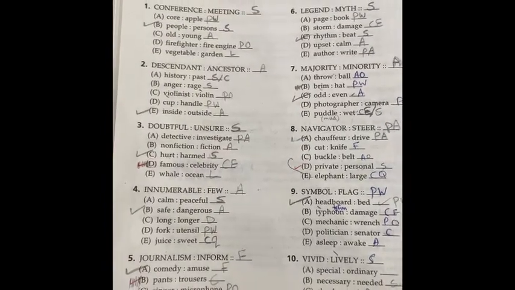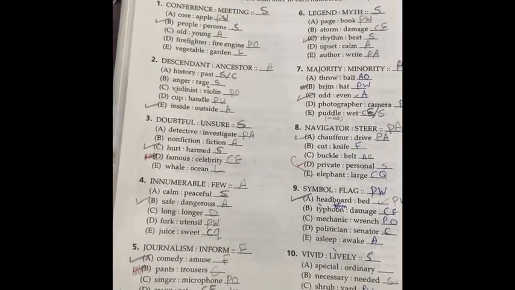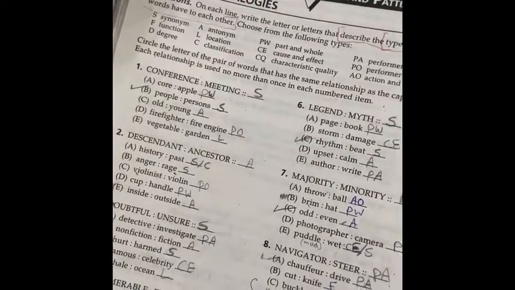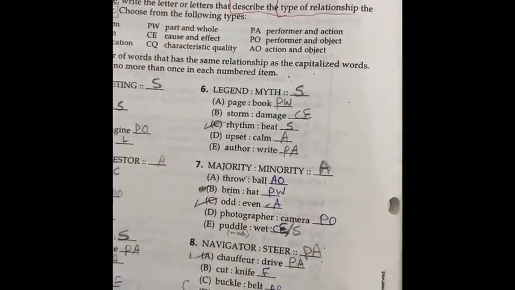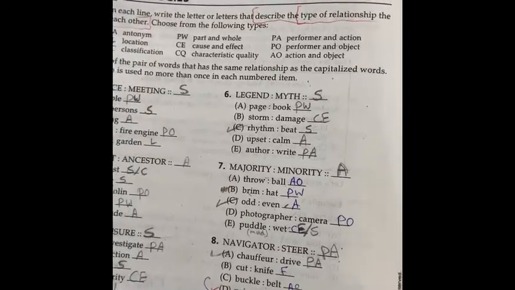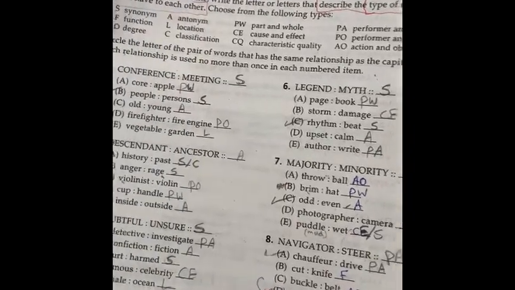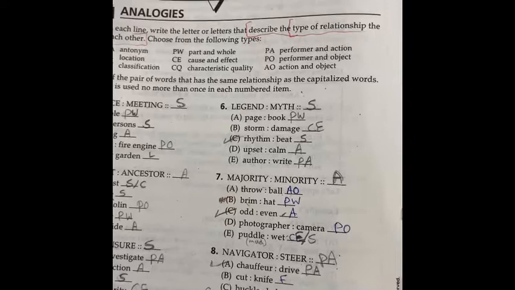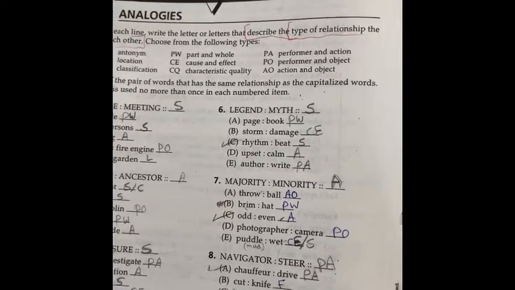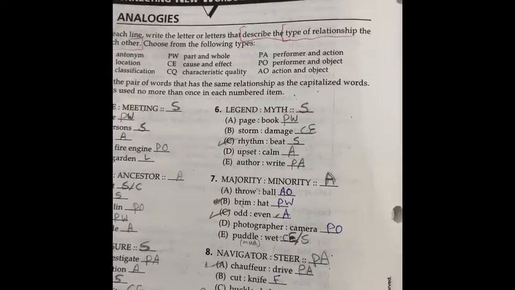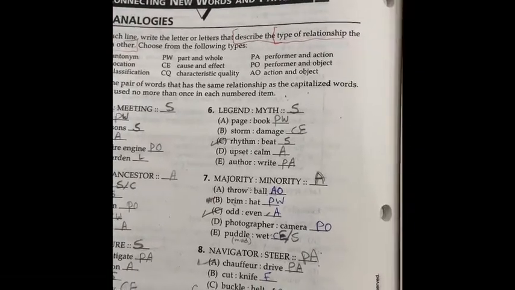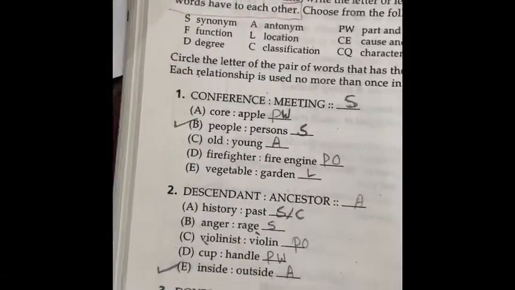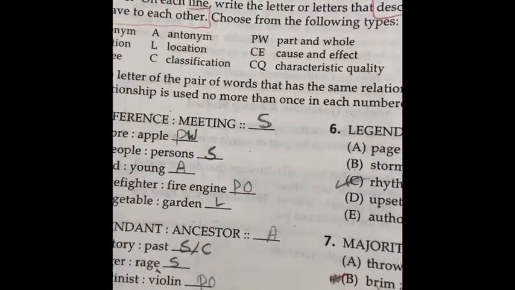We're going to start with page 158, lesson number 1. We will read the directions on each line. Write the letter or letters that describe the type of relationship the words have to each other. Choose from the following types. Of course, we can't write the whole words, so every kind has its abbreviation letter.